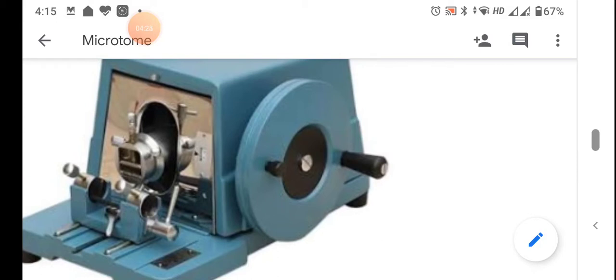Then at the front you can see the place where the knife can be kept. The knife holder can be slided forward and backward, and there are knobs to keep it tight. At the right side you can see the knob which can be rotated to fix the knife there.